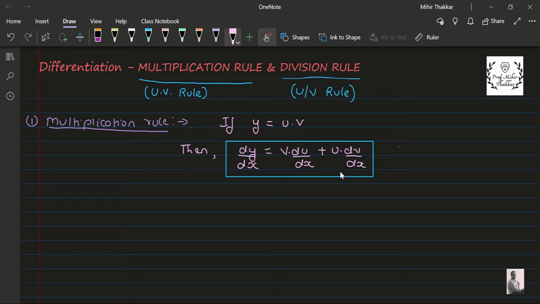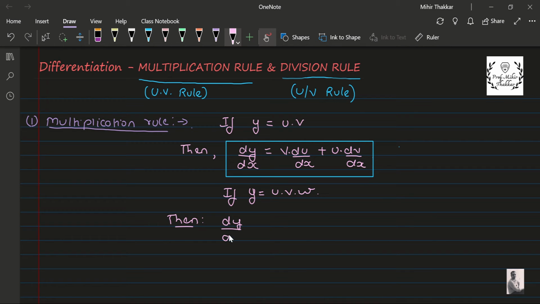In case we come across three terms multiplied with each other, if I have y is equal to u into v into w, then the same formula can be extended for three terms.